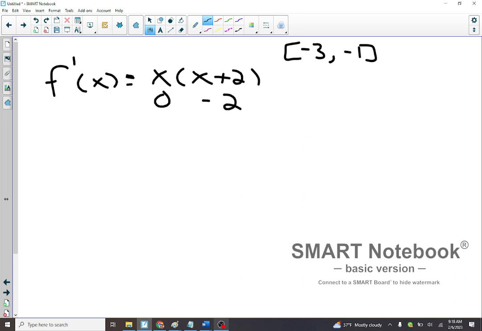These are technically possible critical points. But when I make my number line, I'm going to have hard stops at the ends because I have endpoints of my function. So in this case, -3, -1. In this scenario, I could fit -2. But if it couldn't fit, it does not show up on your number line at all. It cannot be a max or min, okay?